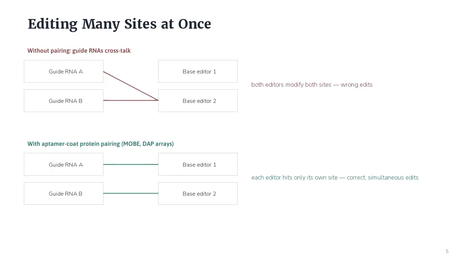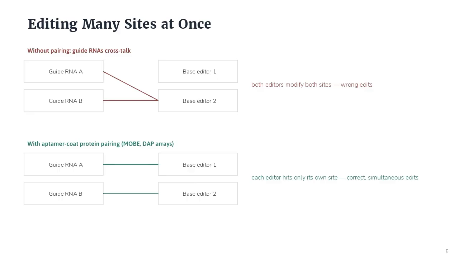The technical challenge with polygenic editing is that you can't just run several CRISPR systems in the same cell and expect them to behave. Guide RNAs crosstalk. Base editors start modifying the wrong site. Cowan and colleagues built multiplexed orthogonal base editors that use RNA aptamer and coat protein pairs like a lock and key to keep each editor bound to only its intended guide RNA.